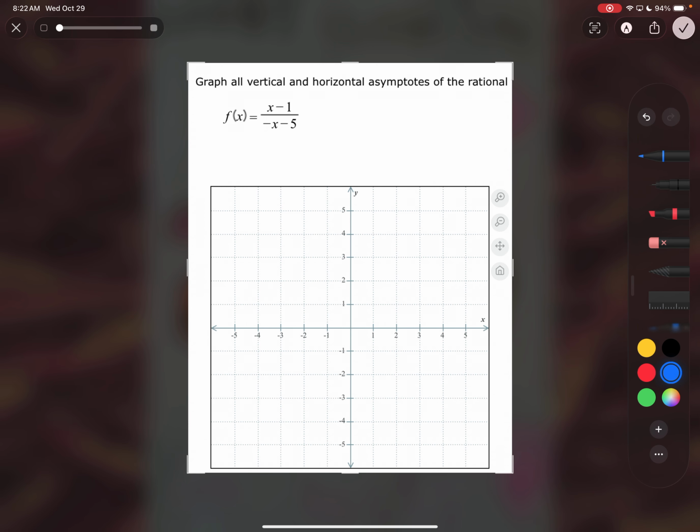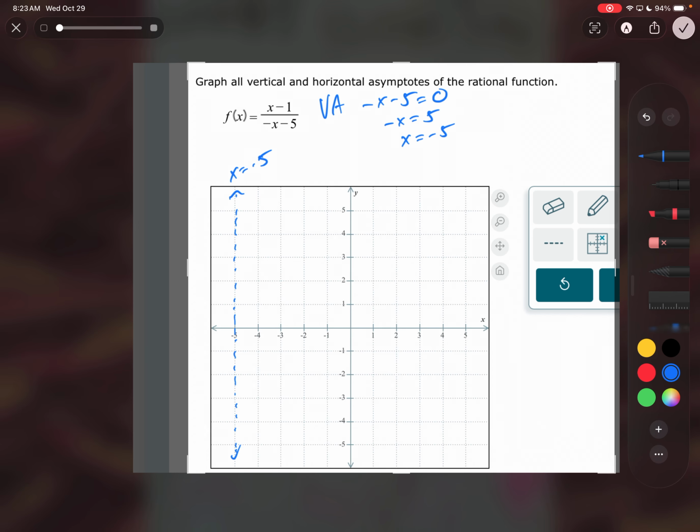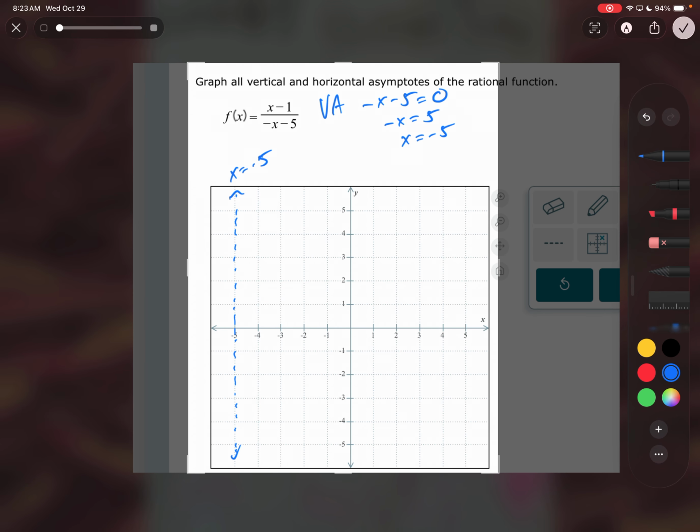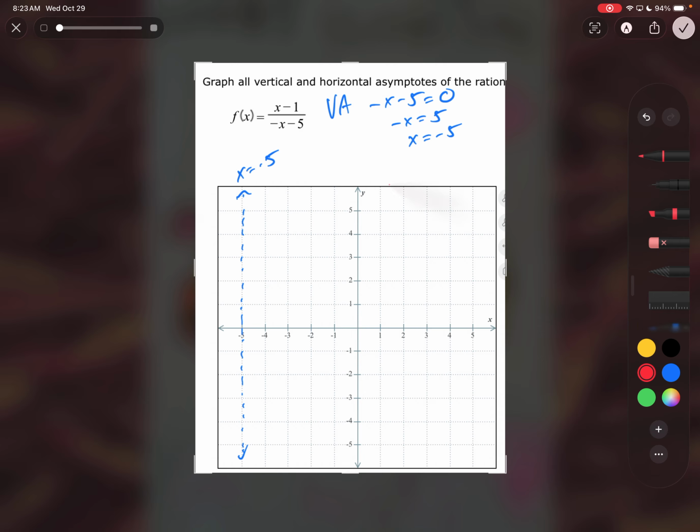So here my vertical asymptote, negative x minus 5 equals 0. Set the denominator equal to 0. Add 5 to both sides. Divide by negative 1. So my vertical asymptote is x equals negative 5. It does always have a dashed line. Yeah, you got the dashed line right there. Horizontal asymptote.